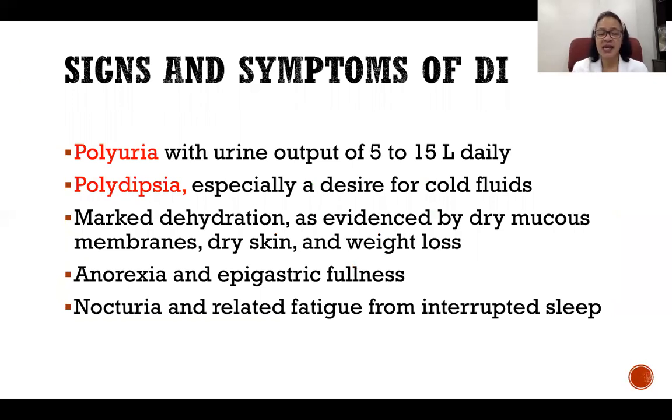So what could be the signs and symptoms of your diabetes insipidus? Polyuria with urine output of 5 to 15 liters. Imagine that, 5 to 15 liters per day. And because of that, no, patients, of course, would desire, okay, more fluids, no? Some patients or most patients would desire cold fluids. And as a result of this polyuria, there might be marked dehydration, okay?